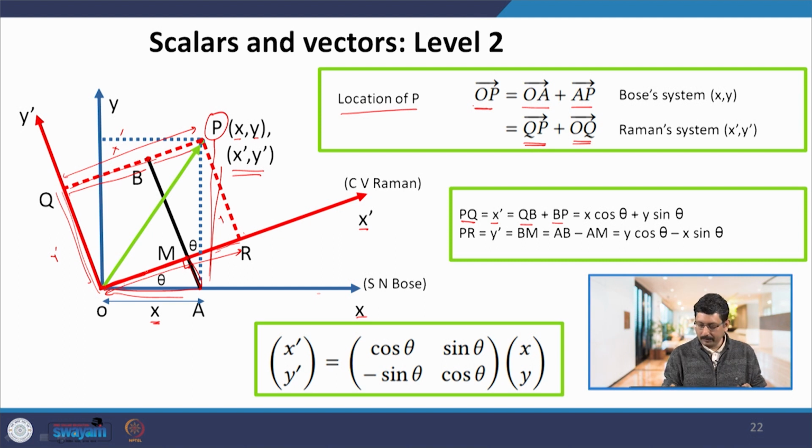So, OM is x cos theta, hence QB is x cos theta.